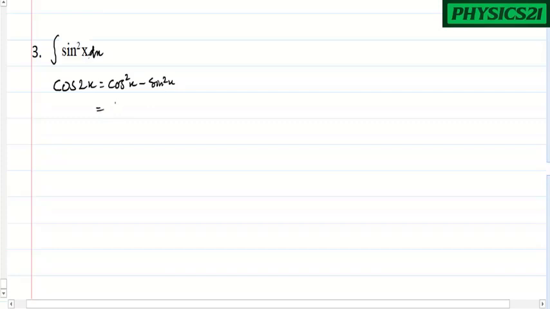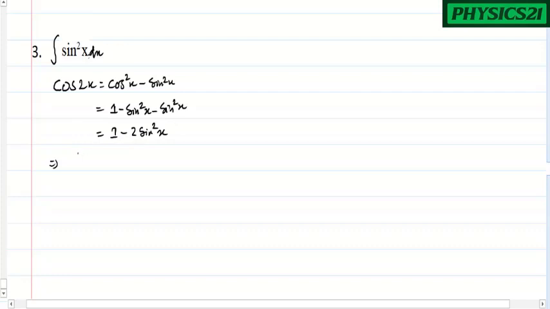Now in the next step, we can substitute 1 minus sin² x in place of cos² x, and minus sin² x, so it can be written as 1 minus 2 sin² x.